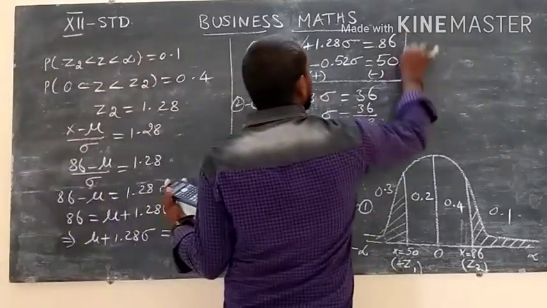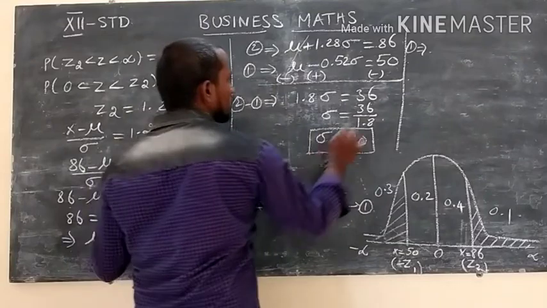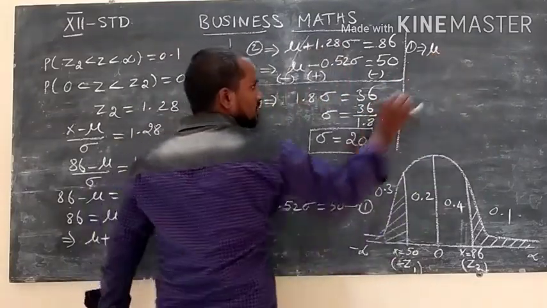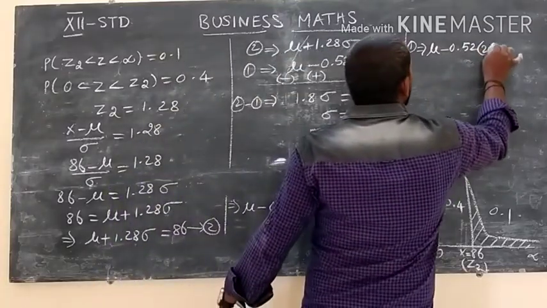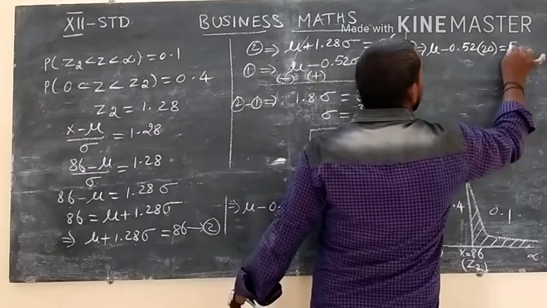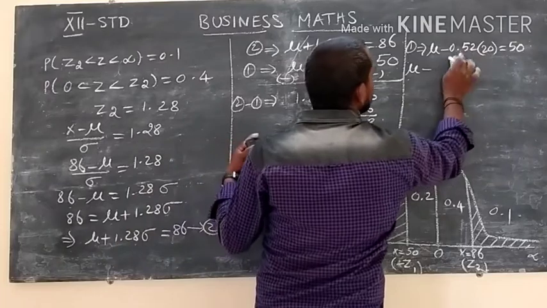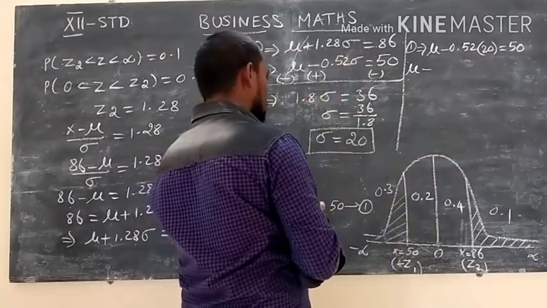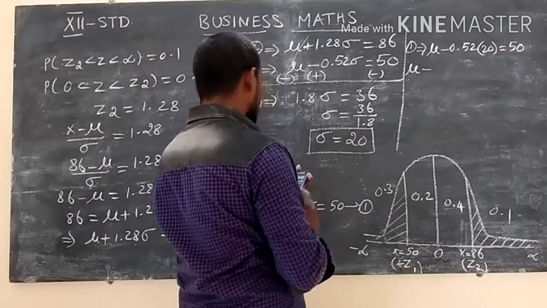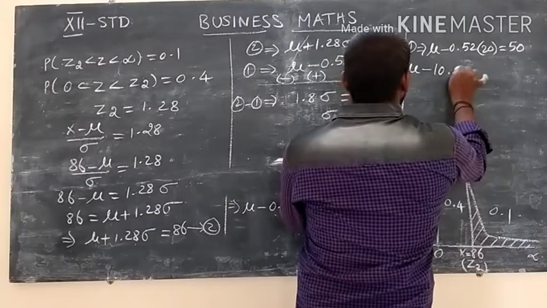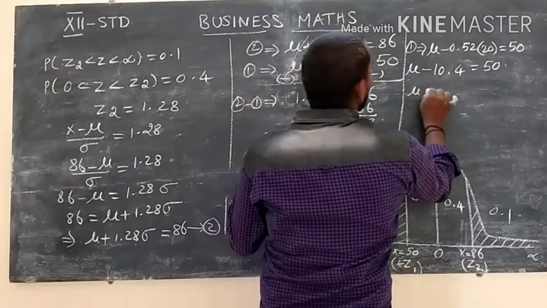Very clear. Then from 1 or 2, mu minus 0.52 into sigma, which is 20, is equal to 50.